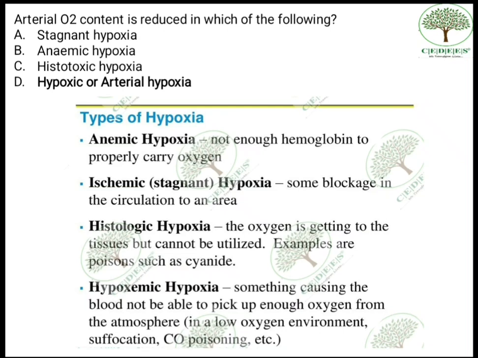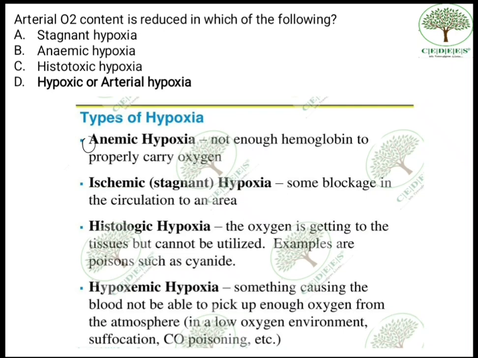So when we talk about the types of hypoxia, the first one which has been mentioned here is the anemic hypoxia. Now anemia, we all know, is a condition wherein there is a reduction in the hemoglobin levels, and hemoglobin is very important for the adequate amount of oxygen carrying capacity. So the better the hemoglobin, the better is the oxygen carrying capacity of the blood.